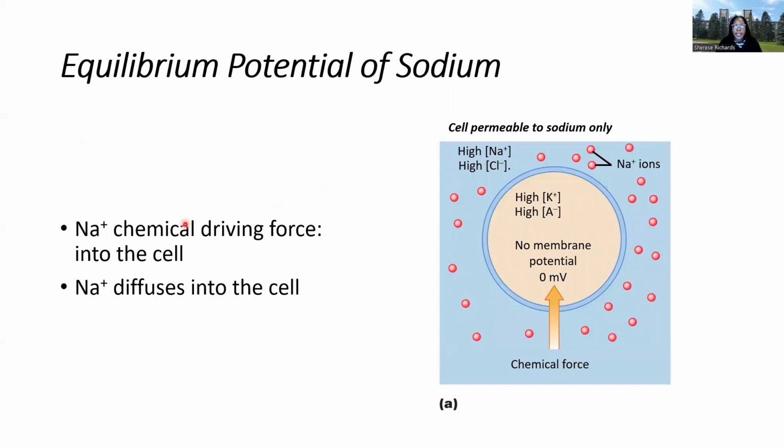So let's start by looking at the chemical driving force for sodium. So sodium has a higher concentration on the outside of the cell. And I keep bringing up the reason here. Remember, the reason for this is that sodium-potassium pump. So the sodium-potassium pump is pumping sodium out, right? 3 sodium specifically. And so there's going to be an accumulation of sodium at a higher concentration on the outside of the cell and at a lower concentration on the inside.